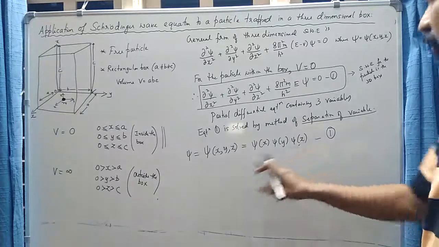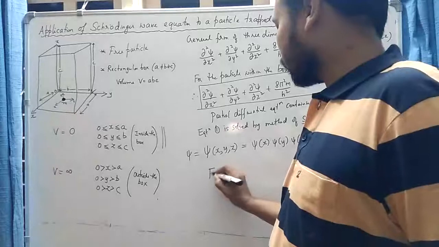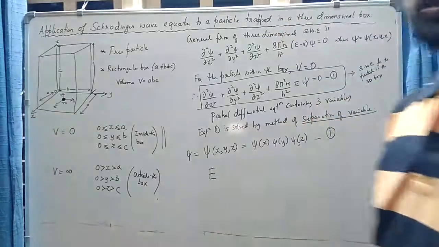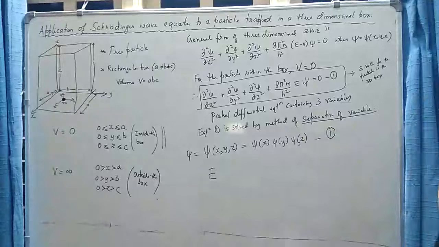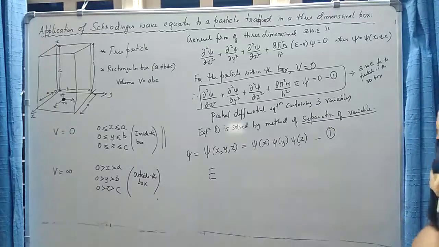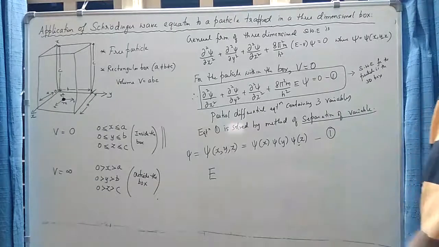And when we write the wave function like this, the total energy of the particle E, the particle has energy, and all that energy is in the form of kinetic energy. Why? You already know, because the potential energy of the system is 0, so all the energy of the particle should be in the form of kinetic energy.